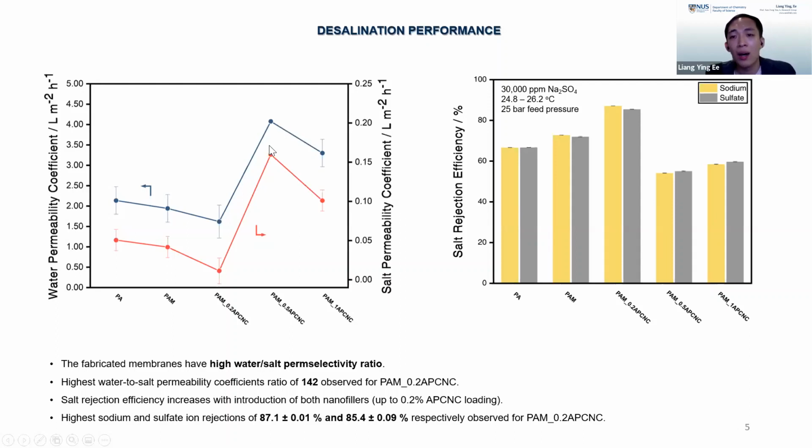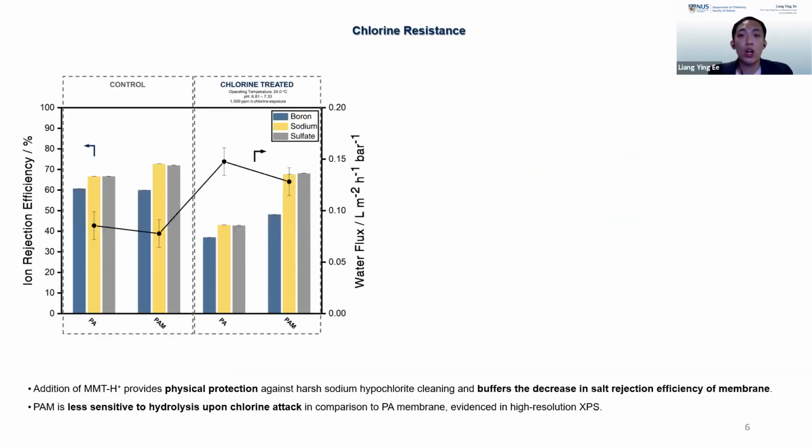So we can understand from this case that there is also a limitation of the electrospray fabrication technique, whereby there is a loading limit of the nanofillers that we could include during the membrane fabrication before they start agglomerating.